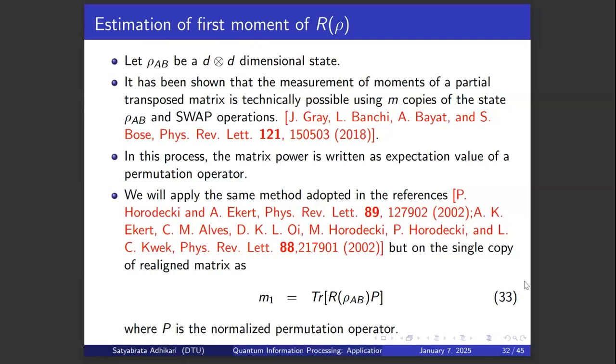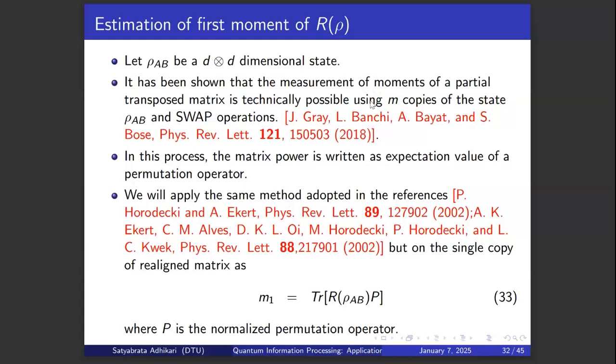Okay, so we have constructed the permutation operator, which is given by equation 33. Here the first moment is given, and one more thing is that they have calculated the moments of a partial transpose matrix in an experiment just by using m copies of the given state rho AB.